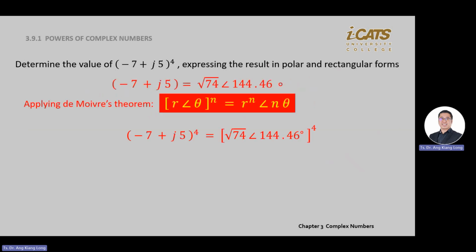Something is wrong on my slides. I should write in this form and not this. It should be the same as the De Moivre theorem, so this is a wrong presentation.